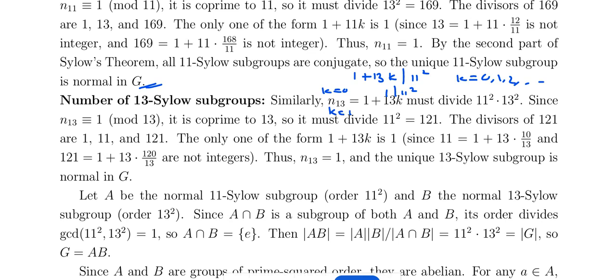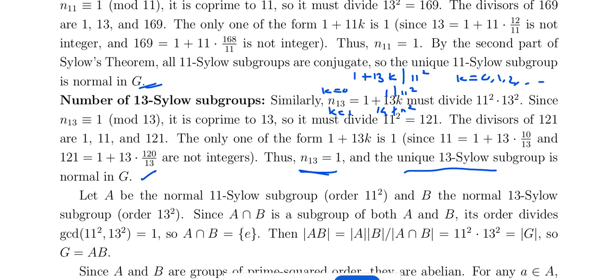For k equal to 1, that is 14, which doesn't divide 11 square. The same way k equal to 2 gives 26 plus 1, 27, which doesn't divide 11 square. So here also n13 equal to 1, the 13 Sylow subgroup is unique, and the unique 13 Sylow subgroup is always normal in G.